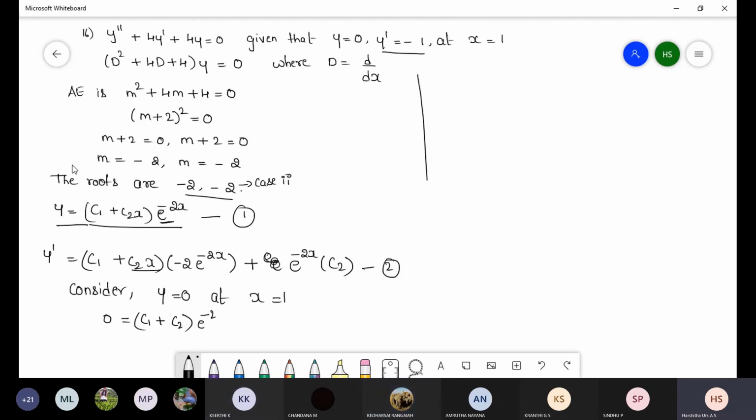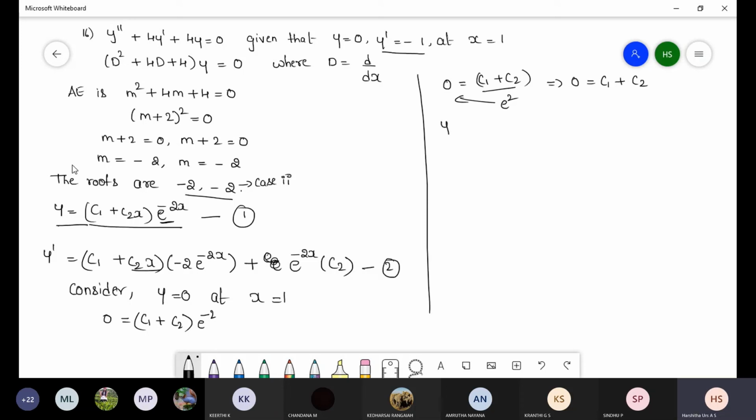This e power minus 2 I can write as a denominator e square. When we cross multiply, we get 0 is equal to C1 plus C2. This is for y is equal to 0 at x is equal to 1.